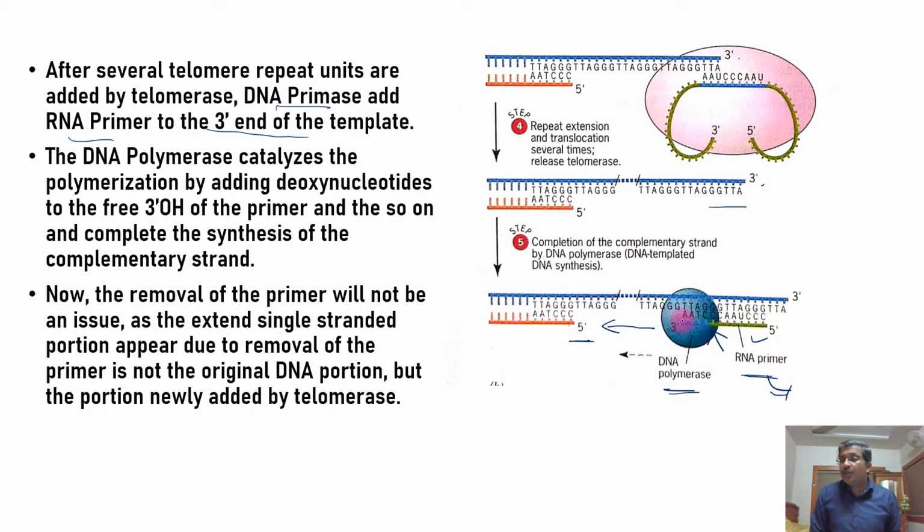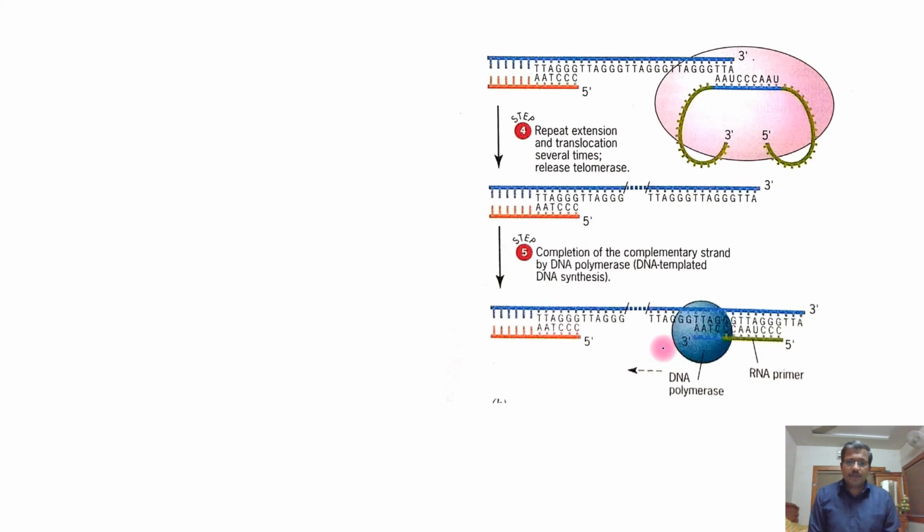Instead, it is the newly added portion of this DNA strand, added by telomerase in this process. As a result, if you remove this segment, there is no issue to the DNA, because the original DNA length is not decreasing by removal of this segment. That is what happens with telomerase, and that is the important thing in case of telomerase activity.